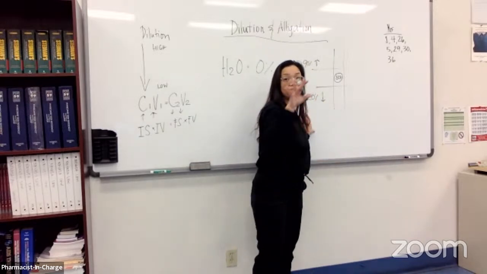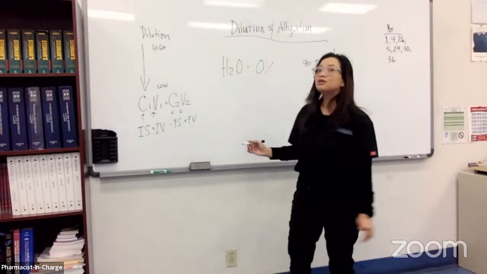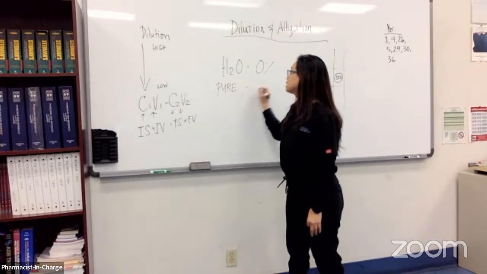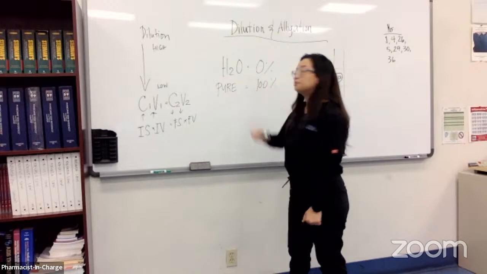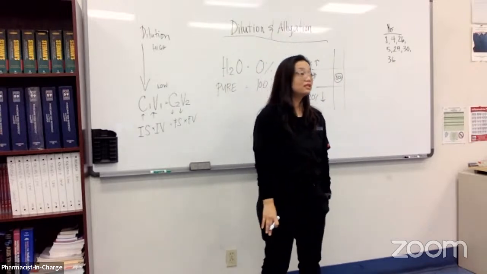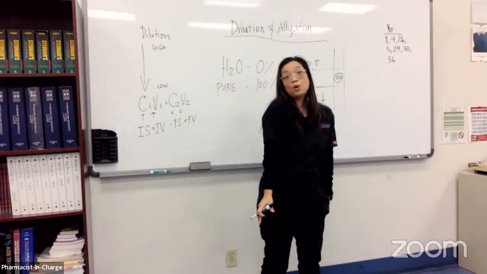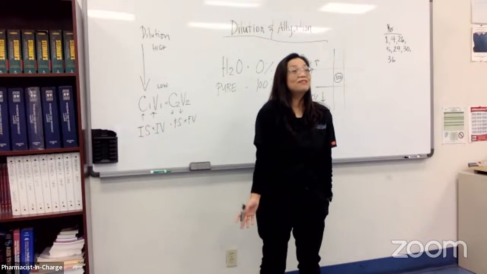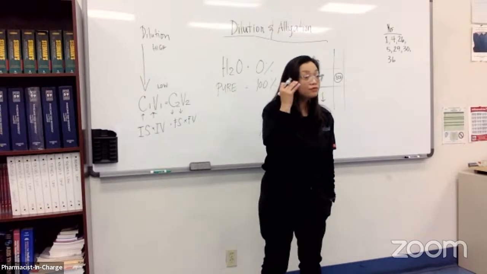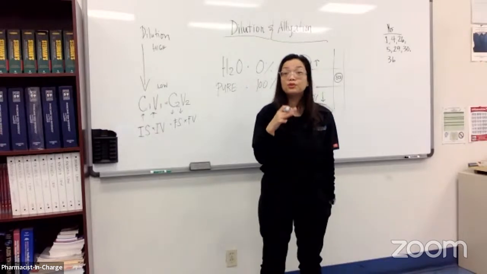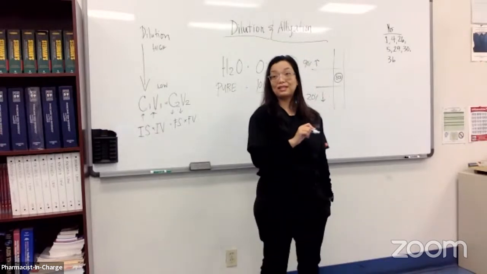Are you following? Okay. Another thing that you want to remember is a pure substance is 100%. Mentioned this yesterday. So there may only be 2 concentrations given, because you have to know that water is 0, and you have to know that a pure substance will always be 100%.